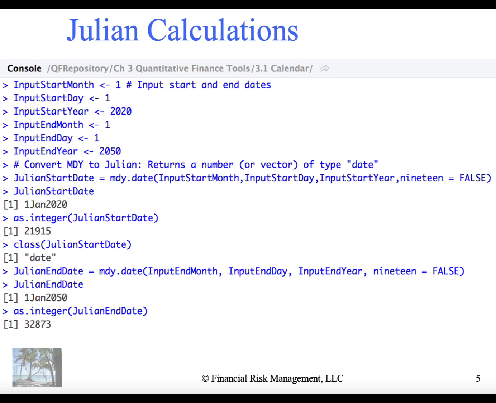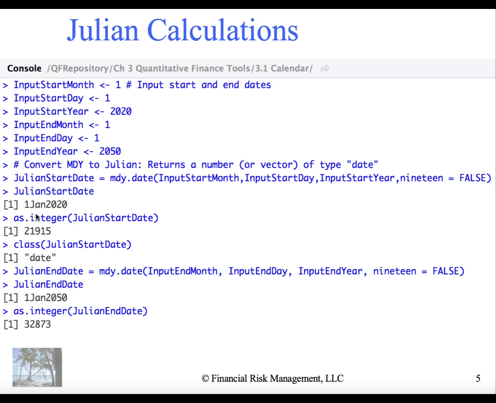The code, just to give you an idea, we'll spend some time looking at this particular module's code, but the way this typically works, if I input, say, a start year and a day and month, and then input an end month, day, and year, the Julian start date, I can convert month, day, year to a Julian number.